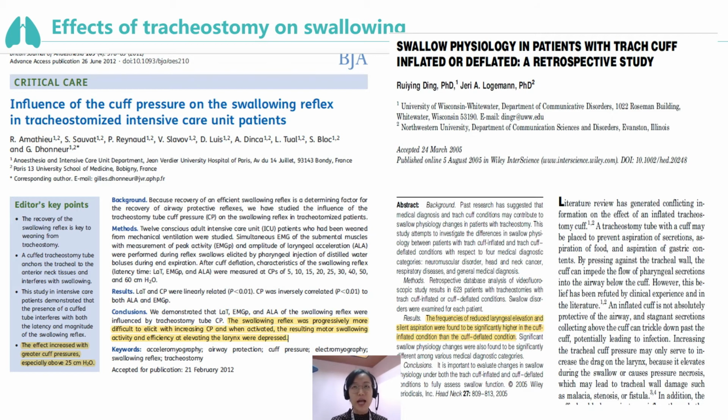So this study highlights that when we want to let patients swallow, we need to deflate the cuff first, because the cuff inflation, added with the over pressure cuff, can actually pose higher risk of silent aspiration.